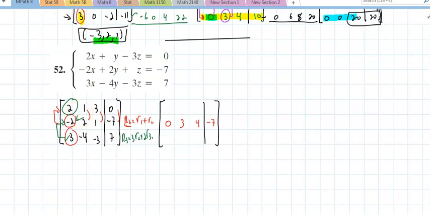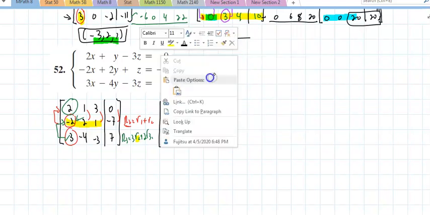So, if I multiply this row by 3, doesn't that make it negative 6, 6, and a negative 21? Oops, I missed one.